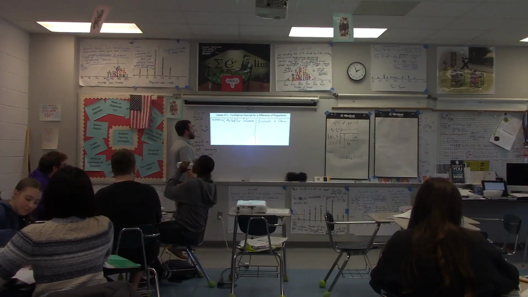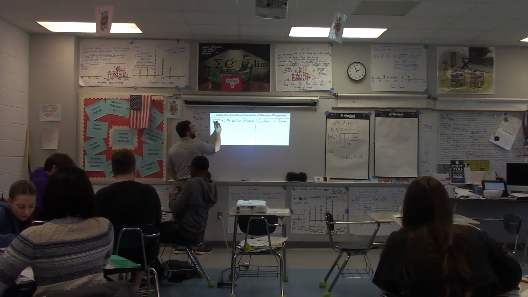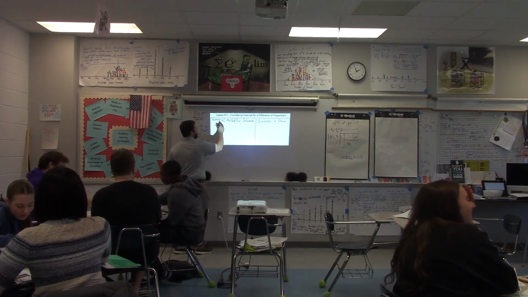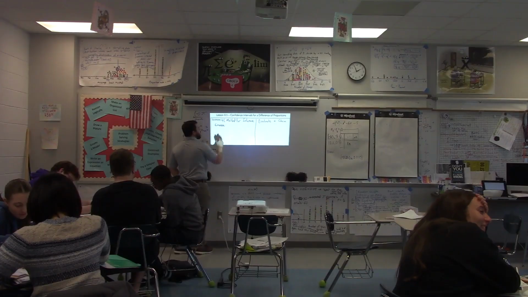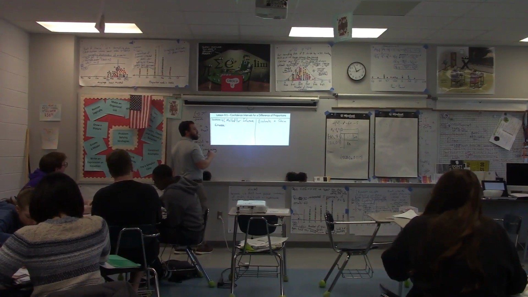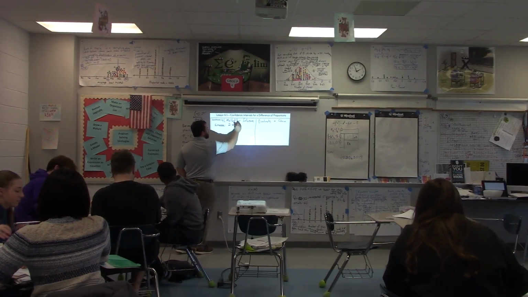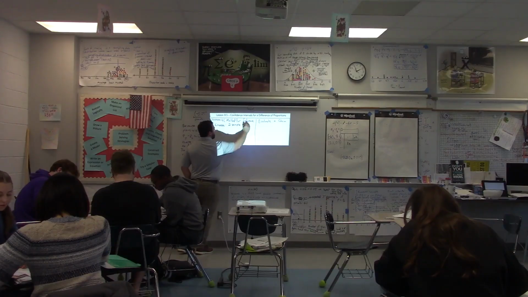Alright, so the 4C method of inference. What do we need to do? Choose, check. Remember, we did do this before, but now we're doing it for a 2 sample Z interval.